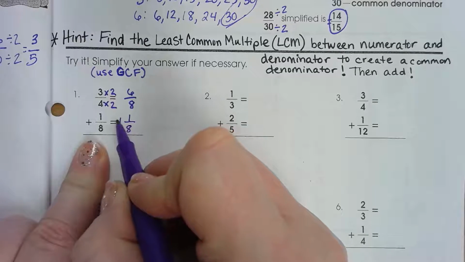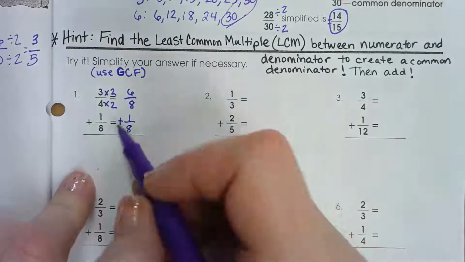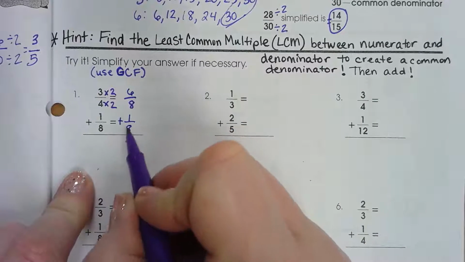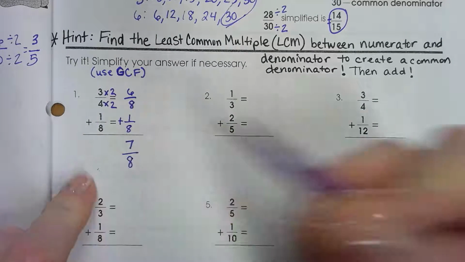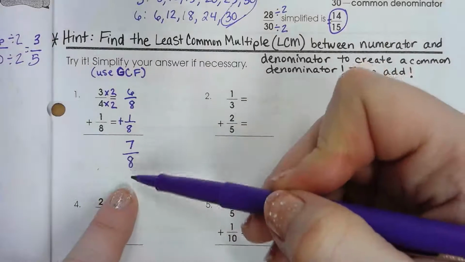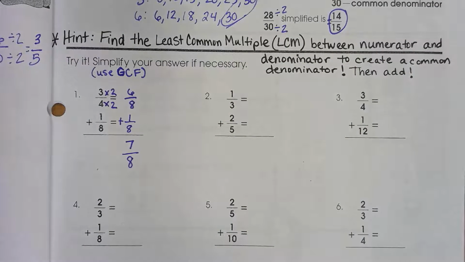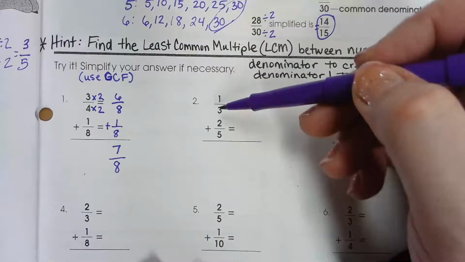So let's add that together. 6 plus 1 on my numerators is 7. My denominator stays the 8. 7/8. And in this case, 7 and 8, I can't simplify because they don't have anything in common other than a 1. Okay? Let's take a look at the next one.